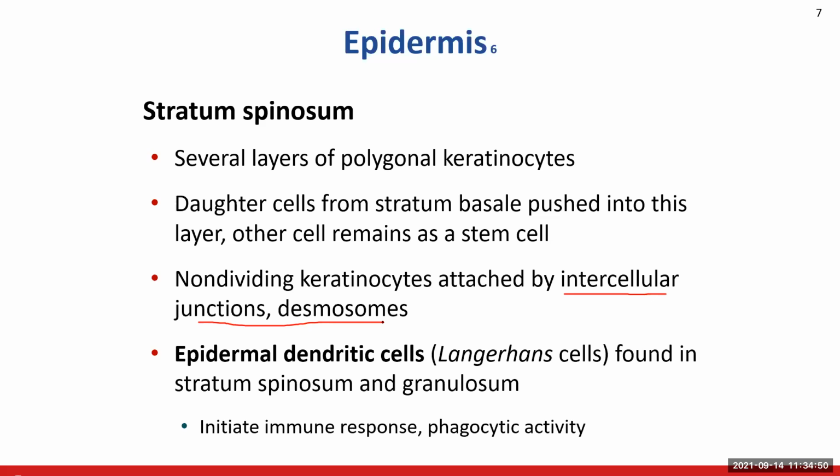Now, another type of cell that we find in this layer are going to be our Langerhans cells, or our epidermal dendritic cells. And so we'll see them in the Stratum Spinosum and in the Stratum Granulosum. I mentioned them before. These are our immune cells. So they can initiate an immune response if they come across a foreign pathogen.